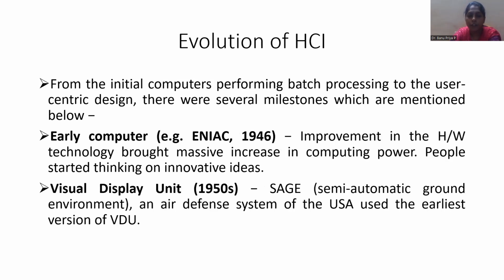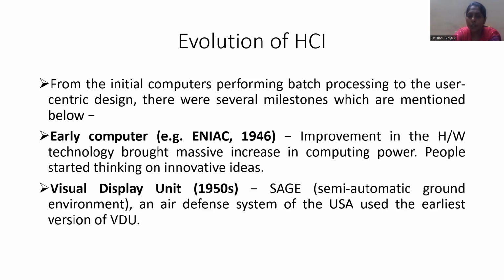Now, an important topic: how HCI evolved. Evolution of HCI. If you look at HCI, there are several milestones in its evolution. The evolution of HCI started in early 1946, when the early computer started to evolve. Obviously, that is the first stone, the first era for HCI.